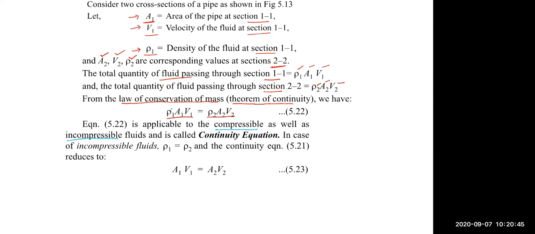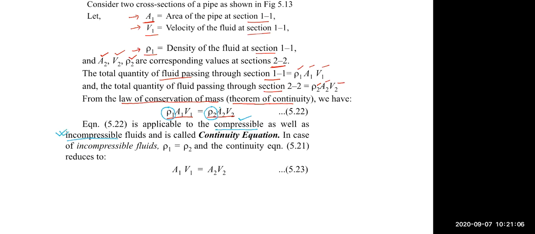See, if the density is changing, here you can see rho 1 and here you can see rho 2. If the density is changing across your pipeline, then that type of fluid flow is called compressible flow. If the density is not changing, then it is incompressible flow.